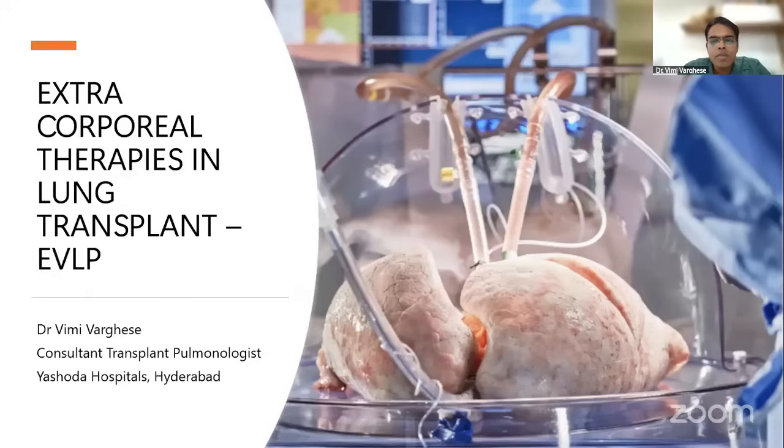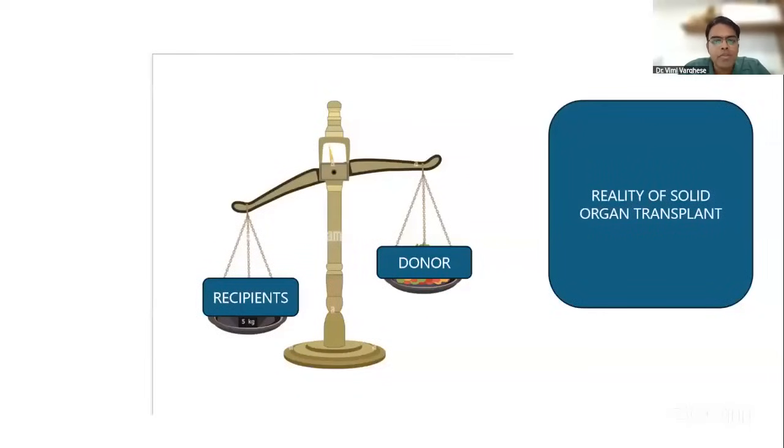As you know, we have a lot of recipients, and the donor lungs are not available at the same rate as the recipients. When we go and evaluate a donor, 40 to 50% of the time the donor will have some kind of issue, ranging from infections, low lung compliance, or contusions, and there are a lot of factors that influence us, where the donor lung may not be good and we might be declining this donor.